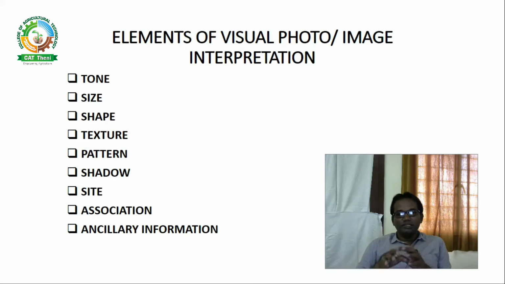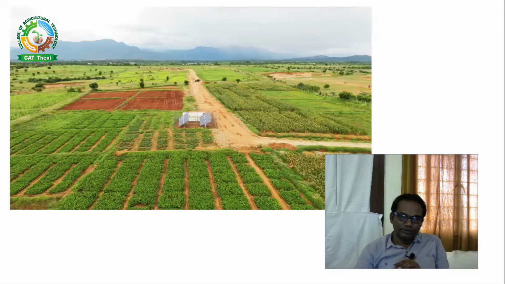If there is variation in color, that is called rough texture. You see the photograph, we have green color, and in between you see brown color, here you see red color of soil, then somewhat dull green. So this photograph we can say is a rough textured photograph.